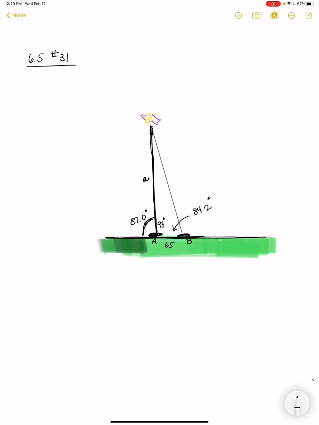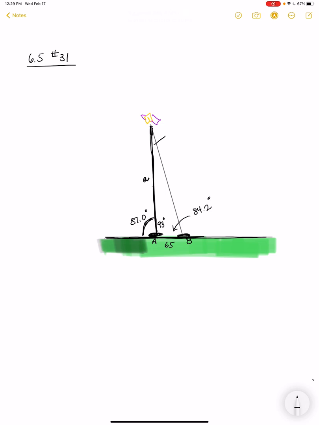So now I've got two angles, and since I am given that 65, the distance between A and B, and two angles, let's go ahead and find that third angle. I have to get my calculator.